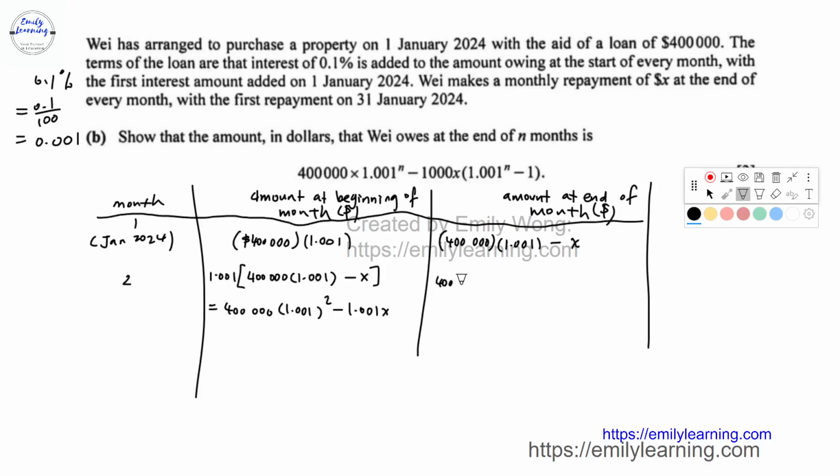So it'll be 400,000 times 1.001 squared minus 1.001 X minus X.